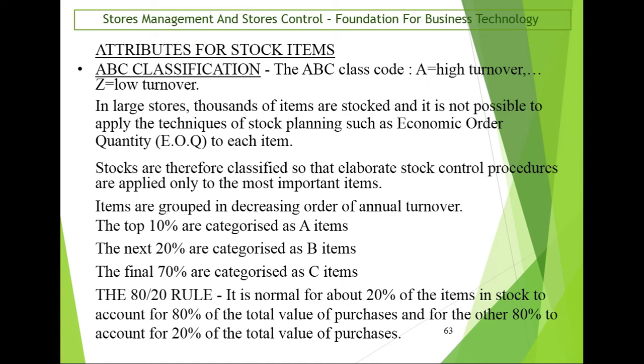If you are aware of the 80-20 rule, it says it is normal for 20% of items in stock to account for 80% of the value of purchases, and for the other 80% to only account for 20% of the total value of purchases. So that is why we only need 3 groupings or classifications, because the bulk of the value is only contained in 20% of the items.